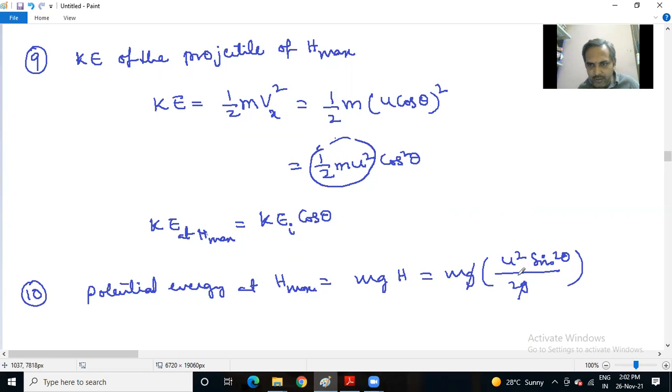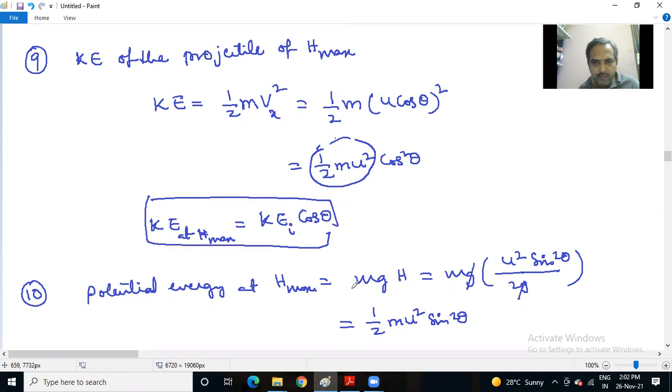So it will be half m u square sin square theta. This is the potential energy at maximum height. There will be numericals on this step, and there are also numericals on this step.